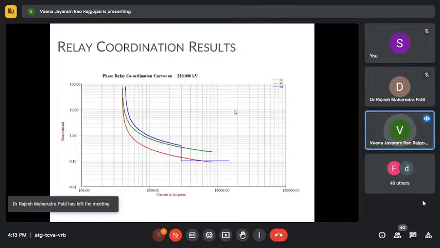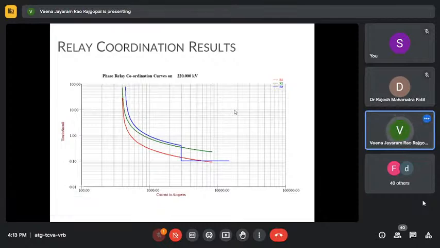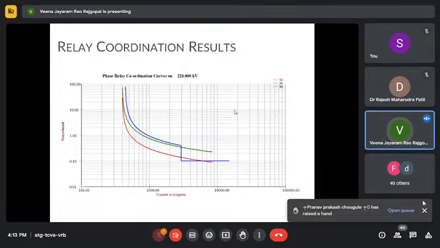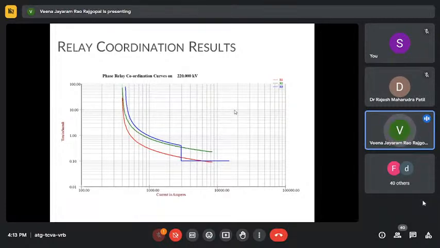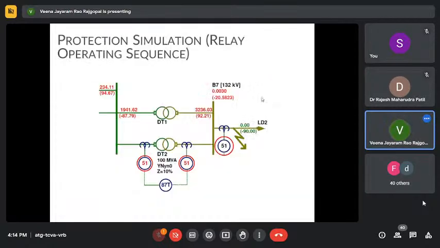If you're not happy with the results, remember the results come based on the data you have given, the philosophy that has been used, and the characteristics. You can always move the curves within a certain range, based on the plug setting and the time multiplier settings.